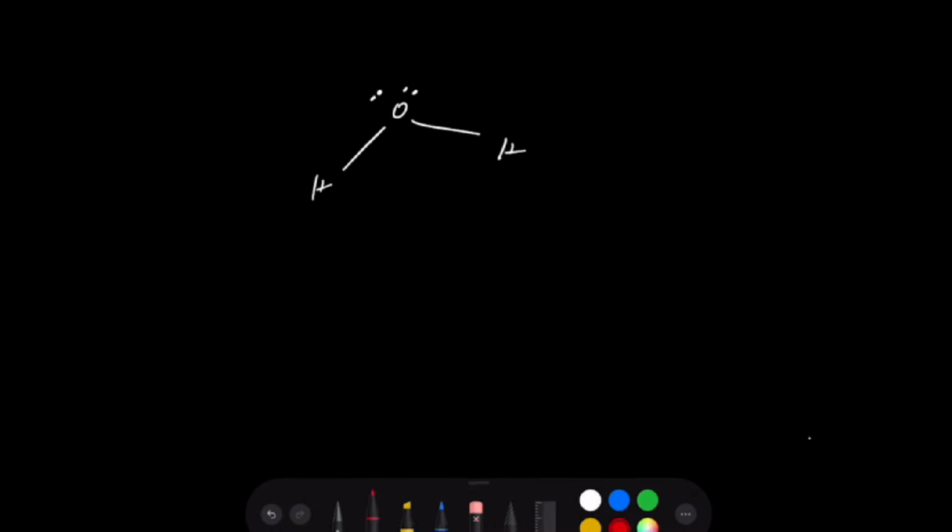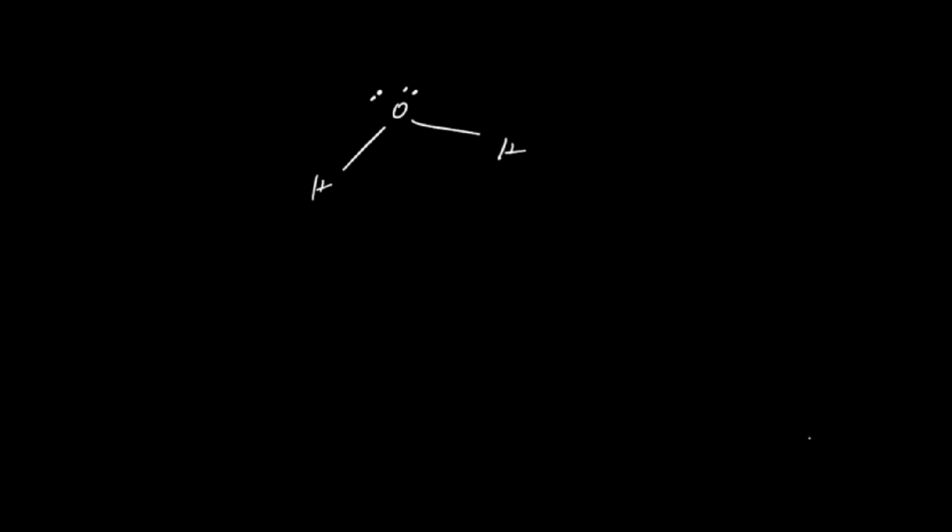Now you divide the bond pairs. If there is breaking of this bond, and only one of the two atoms between which the bond is shared can take the electrons, so who will take?